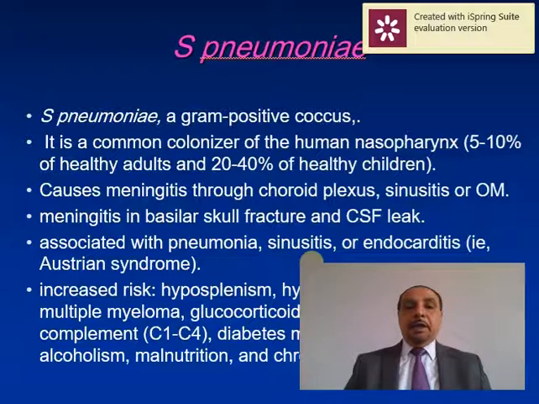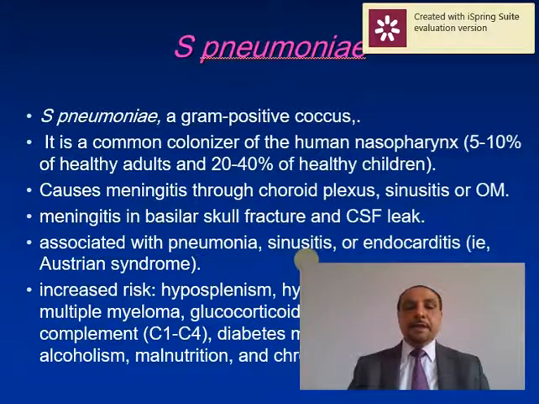Meningitis also occurs in basilar skull fracture and CSF leak. This is very important, and it is a risk factor of course, and we have to suspect a CSF leak if we have recurrent Streptococcus or pneumococcal meningitis. It is associated with pneumonia, sinusitis, endocarditis, all three, which they call Austrian syndrome.